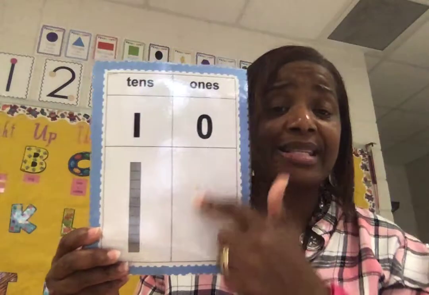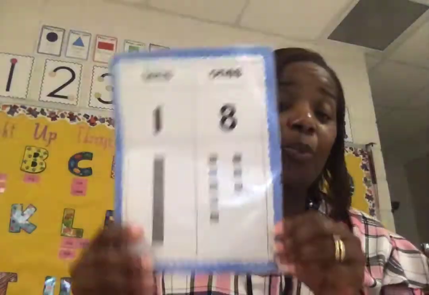You got it. 9 extra ones. 10 is a group of 10 and 0 extra ones. 18 is a group of 10 and 8 extra ones. 17 is a group of 10 and how many extra ones? 7. Great job.